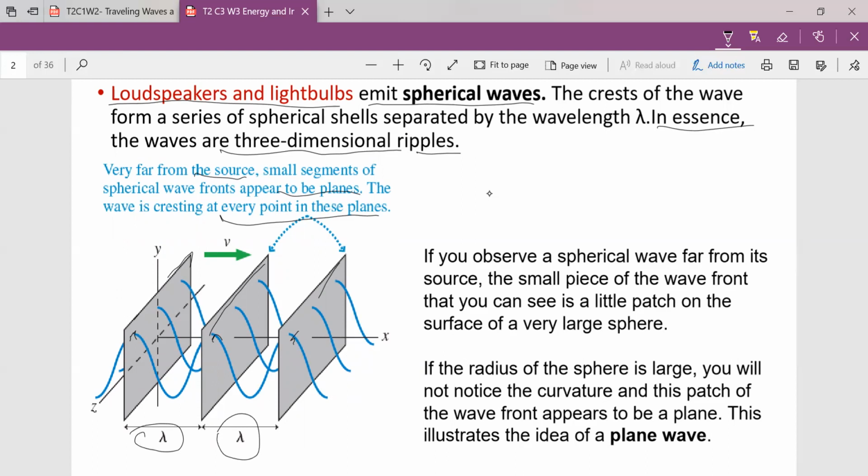So if you observe a spherical wave far from its source, the small piece of the wave front that you can see is a little patch on the surface of a large sphere, but it's going to appear to you like a plane. So if the radius of the sphere is large, you will not notice the curvature. You will not see that the shape is actually curved because the portion you are looking at will appear like a plane. And that is the idea of the plane wave we'll be looking at later.